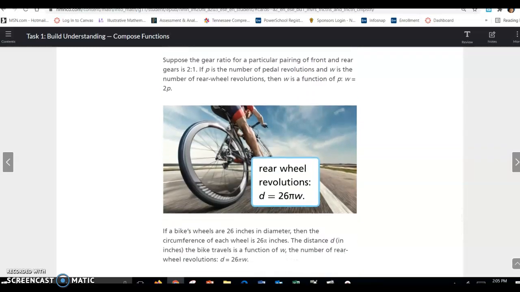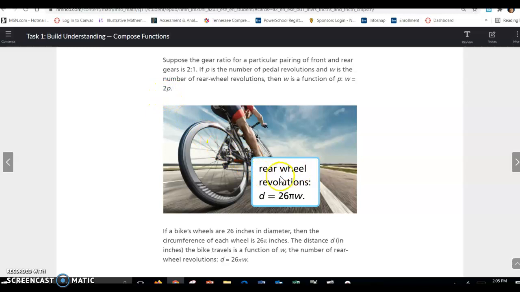All right, it says suppose the gear ratio for a particular pairing of front and rear gears is 2:1. If P is the number of pedal revolutions and W is the number of rear wheel revolutions, then W is a function of P, where W equals 2 times P, and that's because the ratio is 2:1. So W equals 2P.